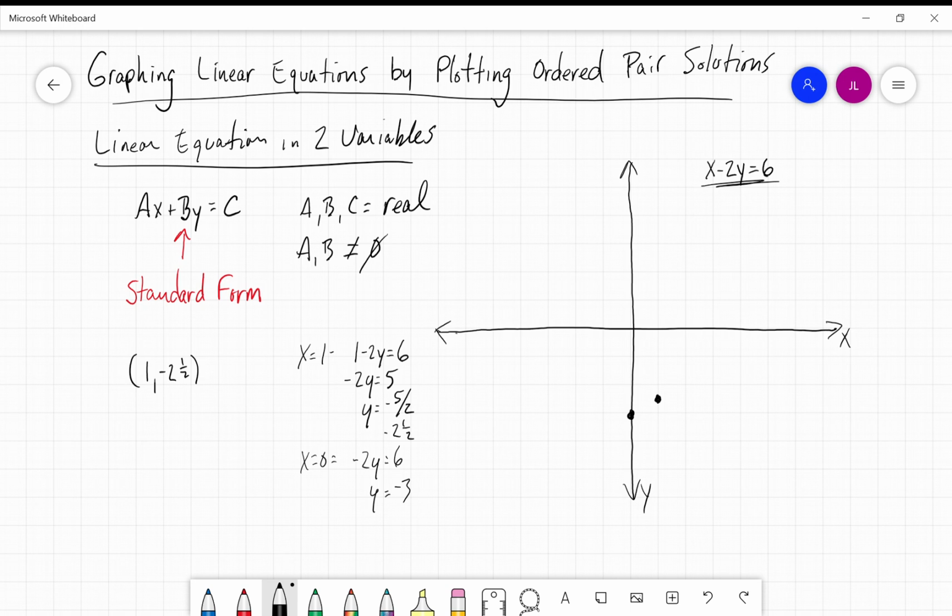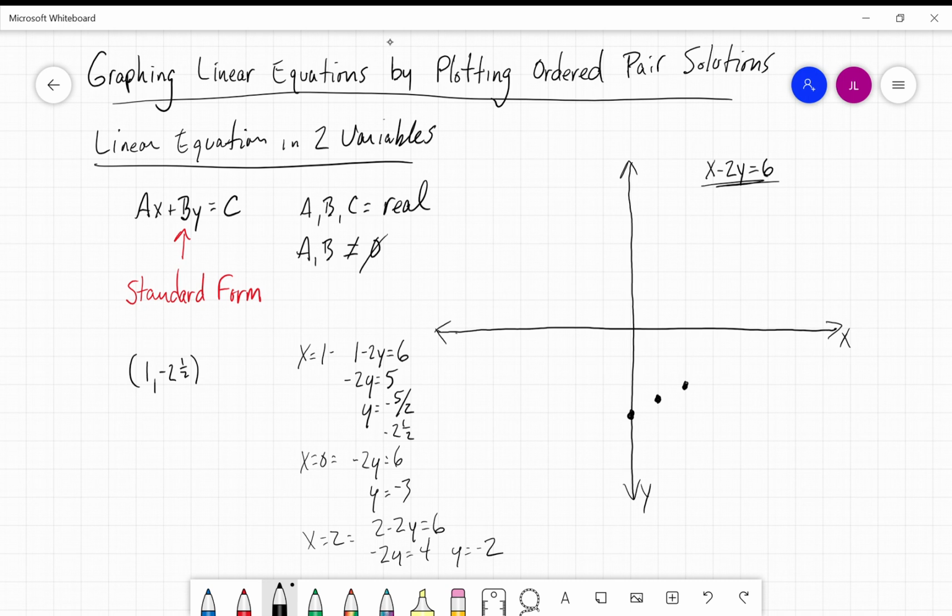What about when x is 2? We have 2 minus 2y equals 6. Subtract 2 from both sides: negative 2y equals 4, so y equals negative 2. So when x is 2, y is negative 2.